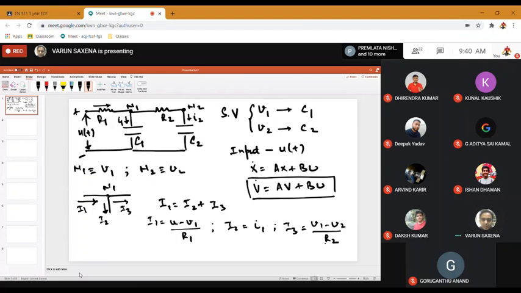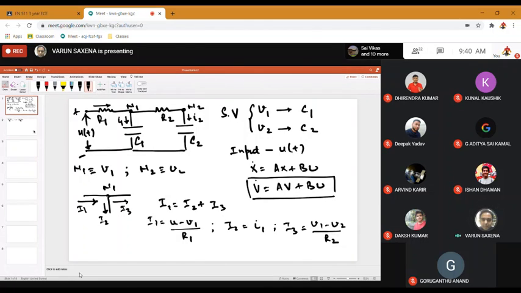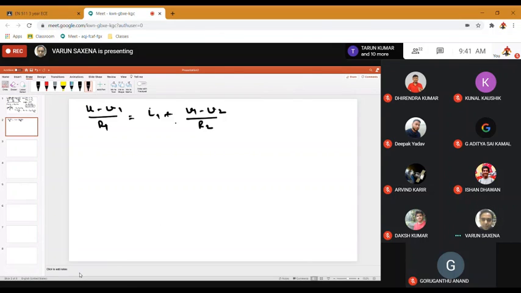So you get an equation which says U minus V1 over R1 is equal to I1 plus V1 minus V2 over R2. But because I've taken state variables as V1 and V2, I need to represent this I1 in terms of state variables.